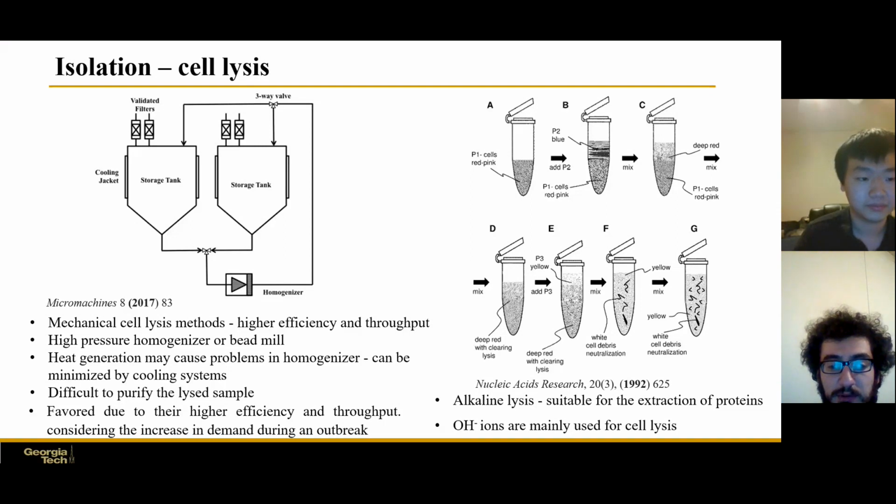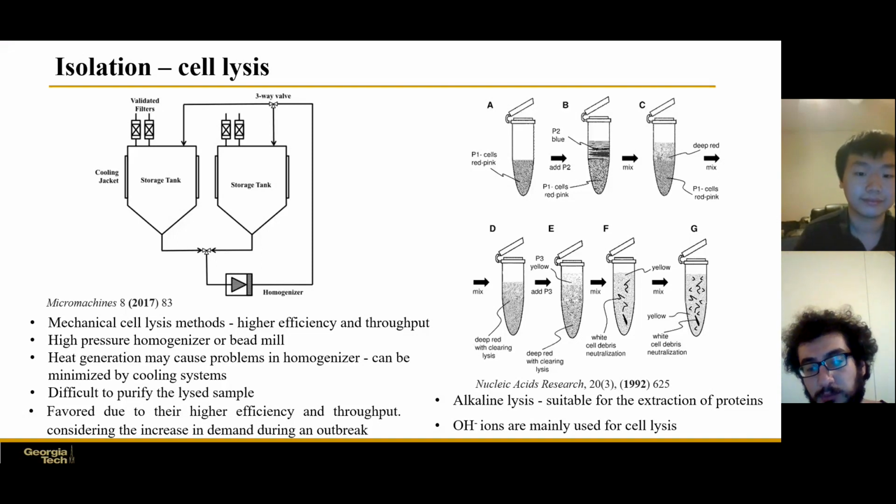In the high pressure homogenizer method, high pressure is applied and the cells are disrupted by the shear force. And in bead mill method, the agitation of tiny beads is applied to disrupt the cells, and these beads are usually made of glass or ceramic.